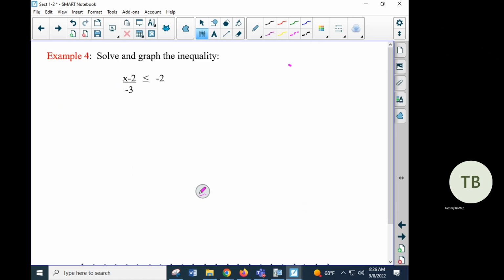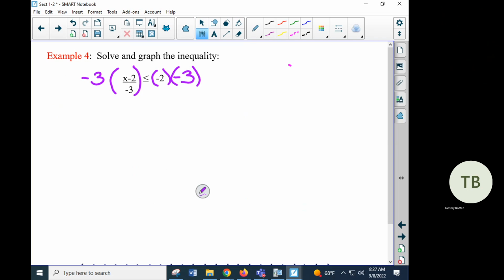All right. So if you look here, here's another one that has a number on the bottom on one side. So again, what I would do is I would multiply both sides by that -3, and that would clear that -3 out. Now, I'm multiplying by a -3 on both sides.